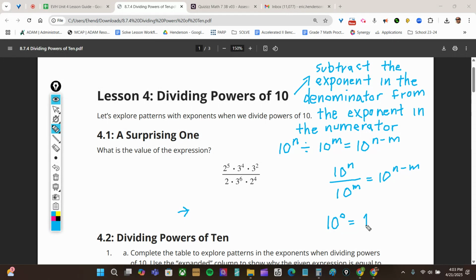Okay. Footnote: when all exponents are positive.